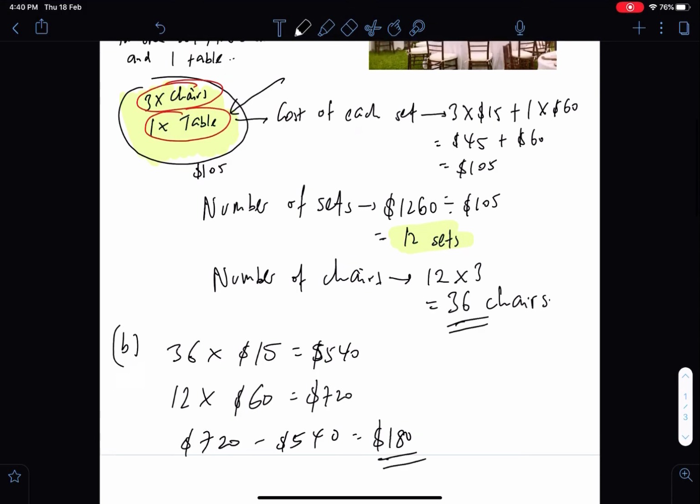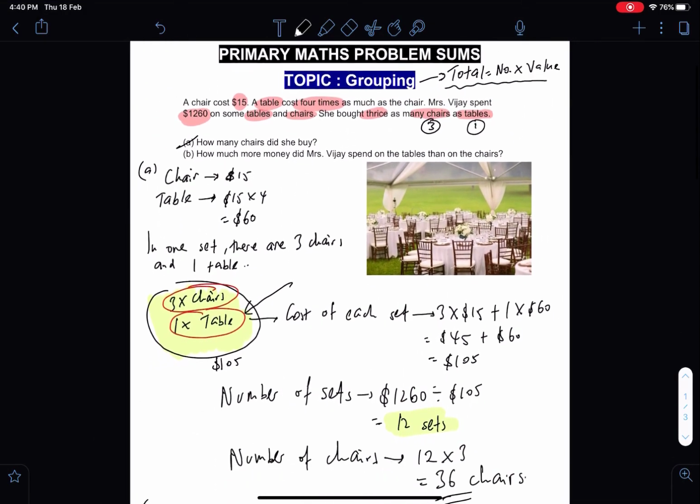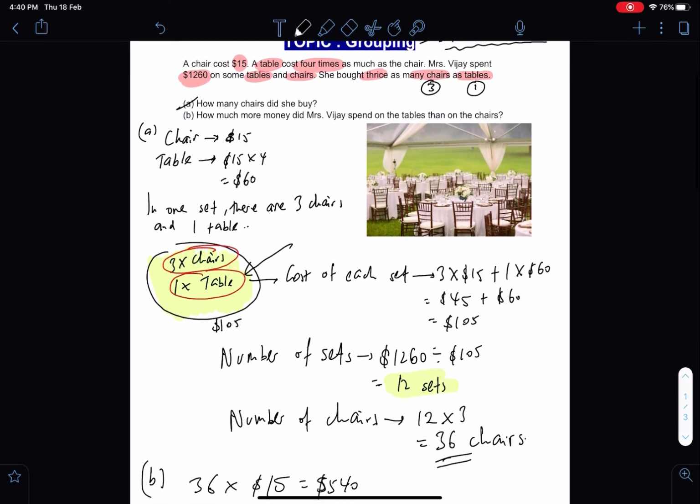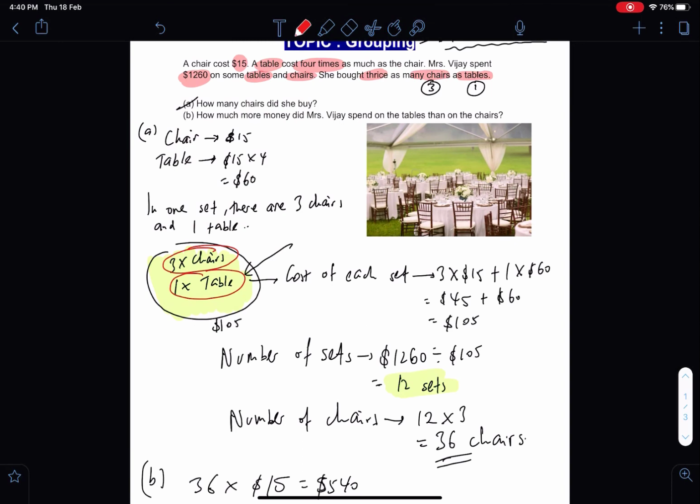Let me just explain why this technique is called total equals number times value. If you realize, what we have done is to find the number of sets. The number of sets is the number, NO, here. The cost of each set is actually the value.